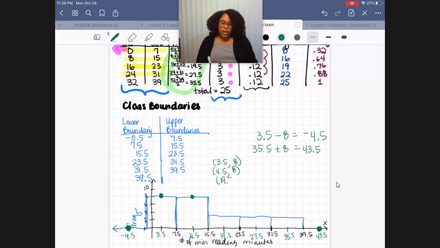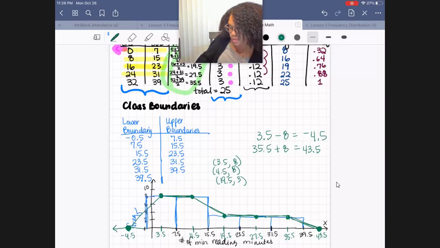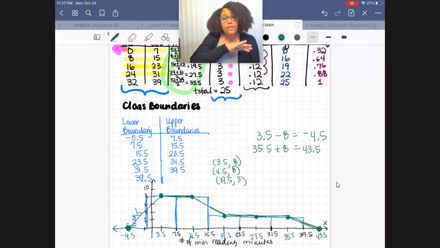So at the midpoint of 19.5, we're going to have a frequency of 0, or a y coordinate of 0. So that's going to be a point there. We're going to have a point here. We're going to have a point there. And that's all of my points. Now I'm going to connect them all with segments. And so basically what we're starting to do is fit a curve over our bar graph.